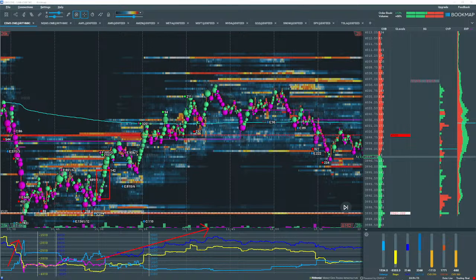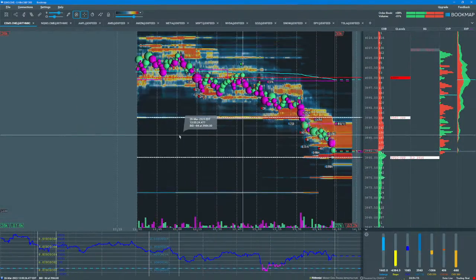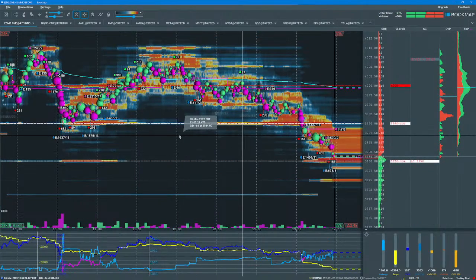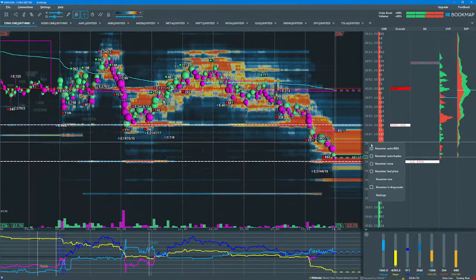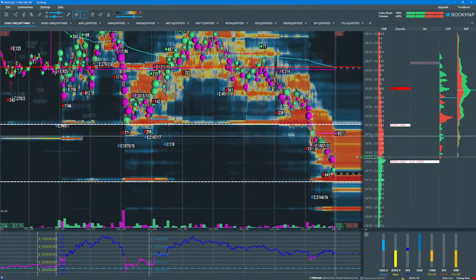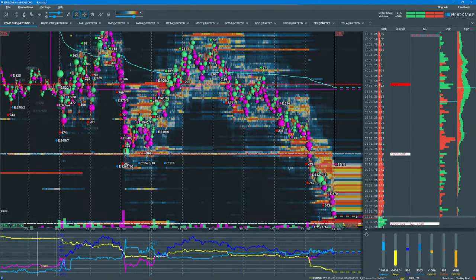And we'll take a look at SPY and see where price finally went and reversed lower. So let's go take a look at SPY for that same setup.